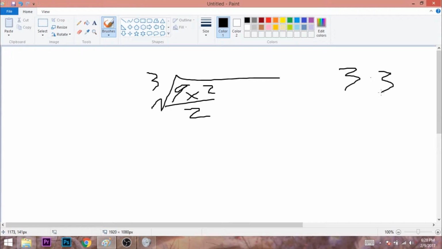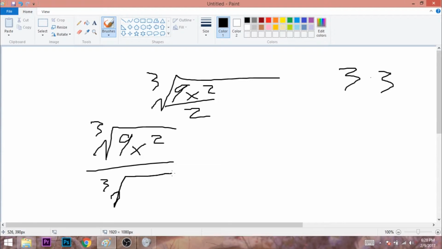So what I'm going to do instead is the cube root of 9x squared, because I can't find the cube root of x squared either, over the cube root of 2, right?